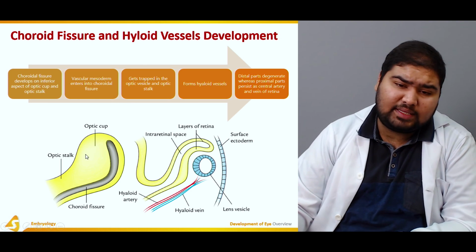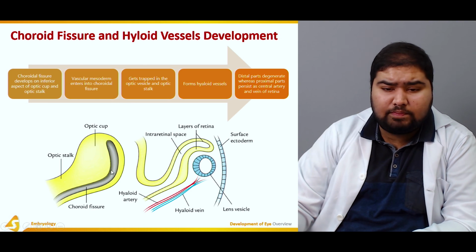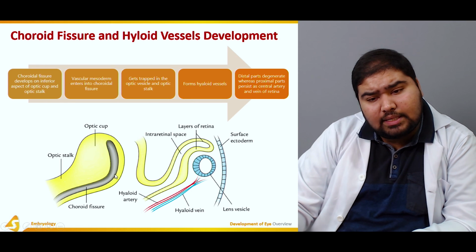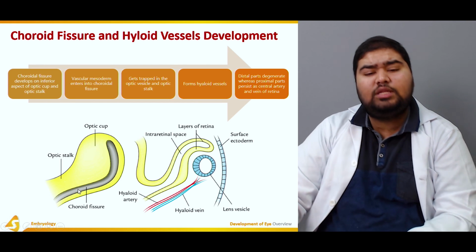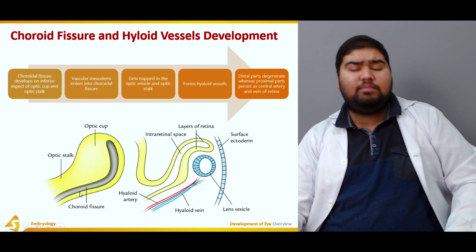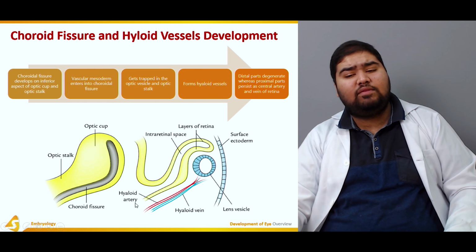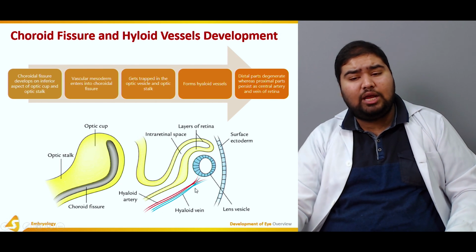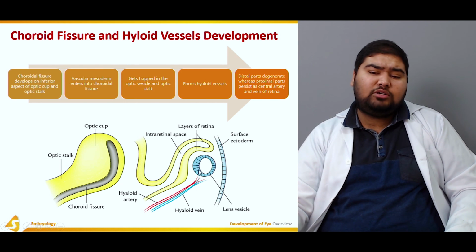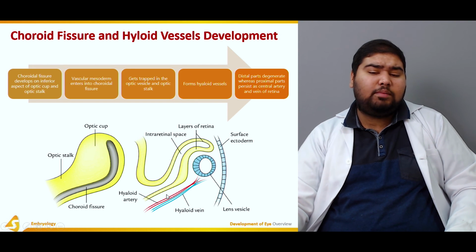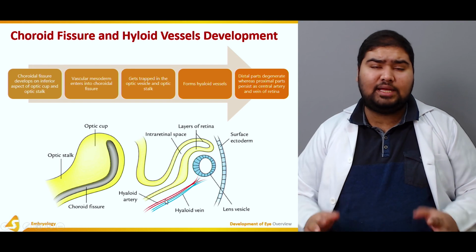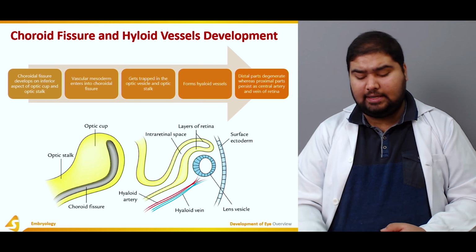Here in the figure you can see this is the optic cup, this is the optic stalk, this is the choroid fissure which has been formed. So this choroid fissure is penetrated by the mesenchyme, which stays there and then gives rise to the hyaloid artery and hyaloid vein. The distal part of this hyaloid artery and vein degenerates. However, the proximal part persists and forms the central artery and vein of the retina.